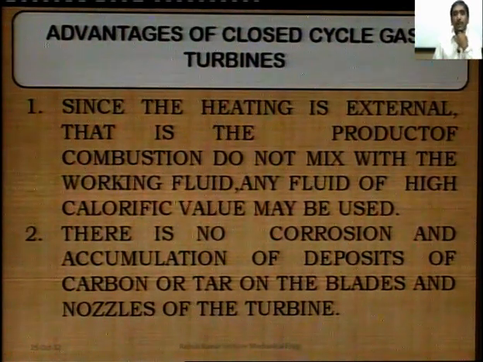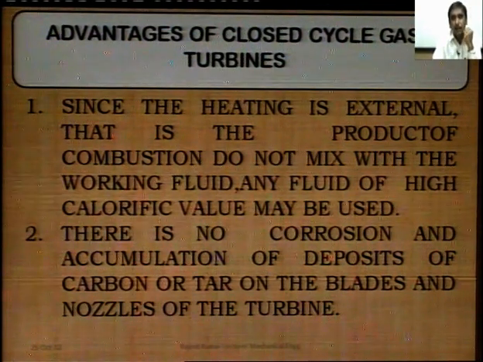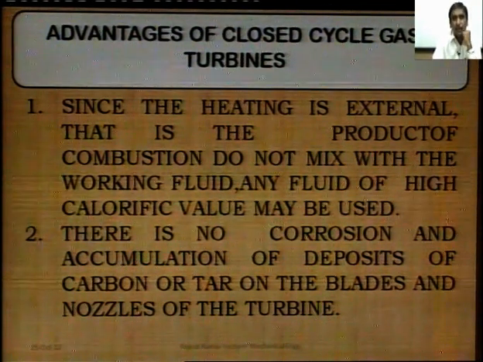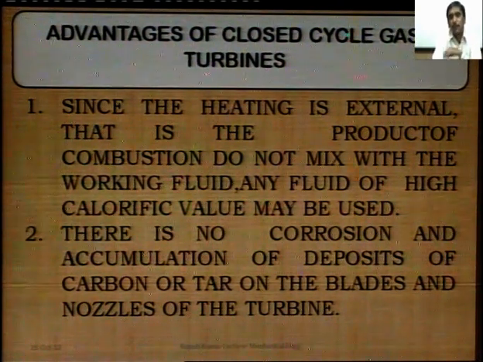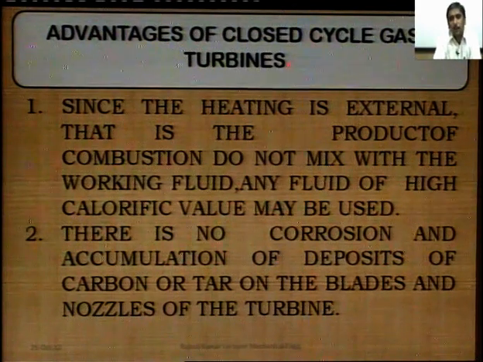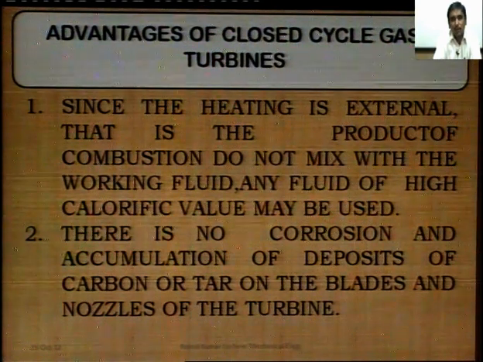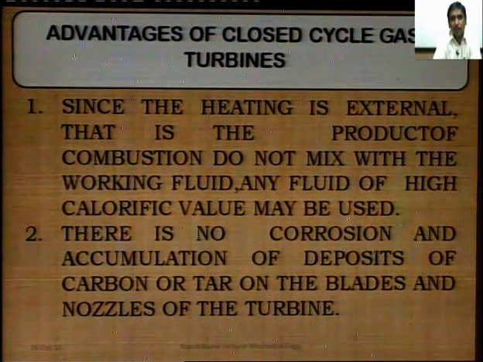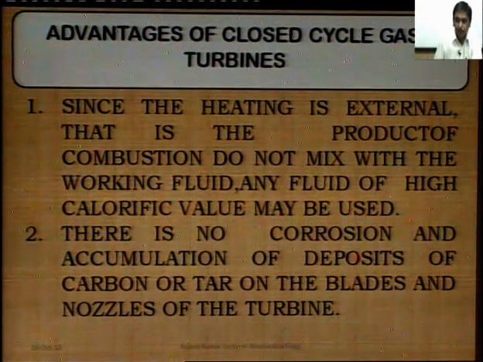Advantages of closed cycle gas turbine. Since the heating is external, the products of combustion do not mix with the working fluid. Any fuel of high calorific value may be used. There is no corrosion and accumulation of deposit of carbon or tar on the blades and nozzles of the turbine.